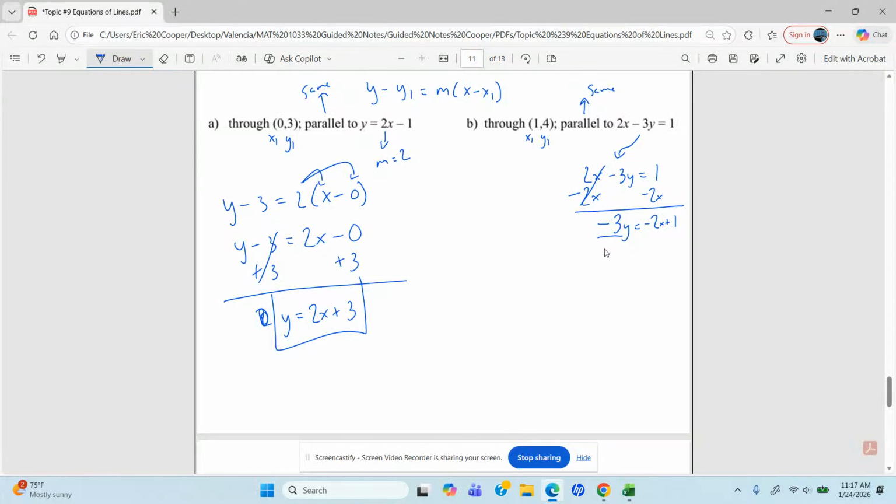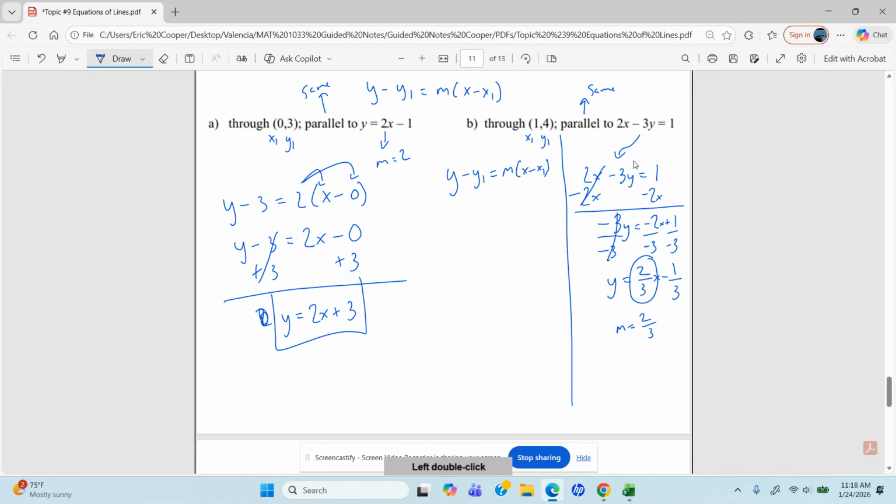Divide everything by negative 3. I get y is equal to negative 2 over negative 3 becomes positive 2 over 3x. 1 divided by negative 3 is negative 1/3. So here's the slope of the line that we're parallel to. It's 2/3, which means our slope also has to be 2/3. And now we have enough information to go through and plug in the point slope.